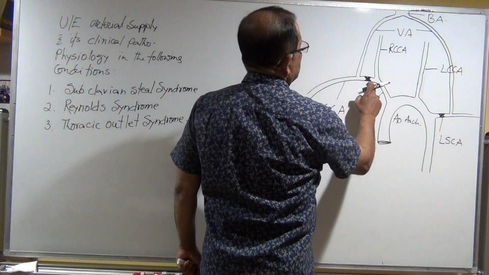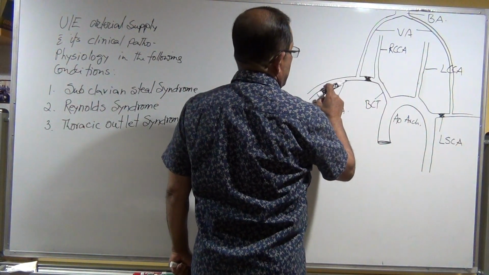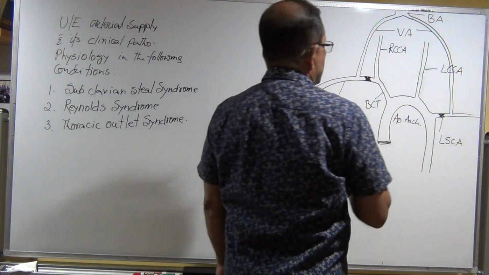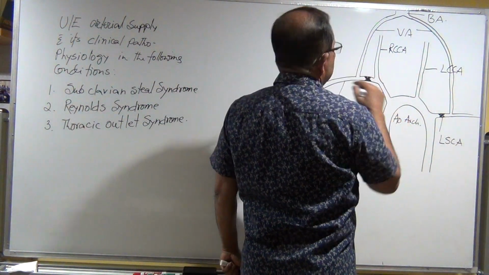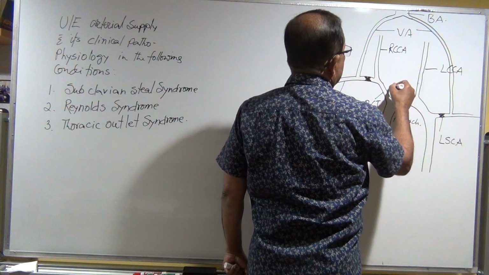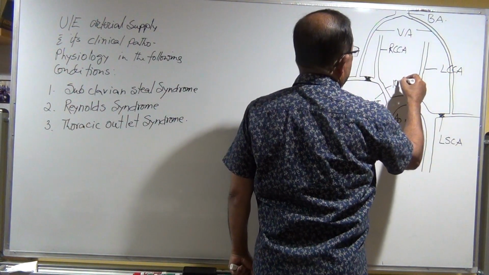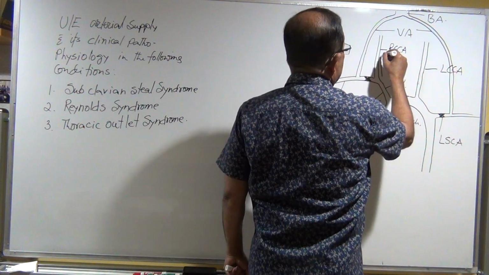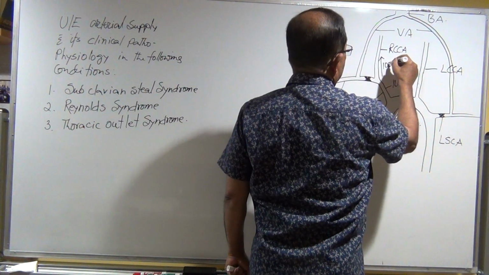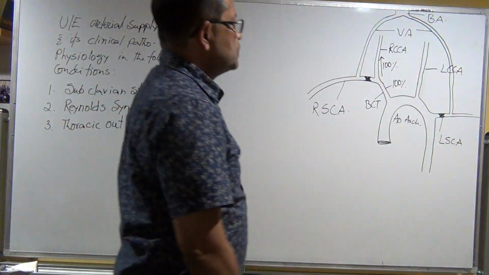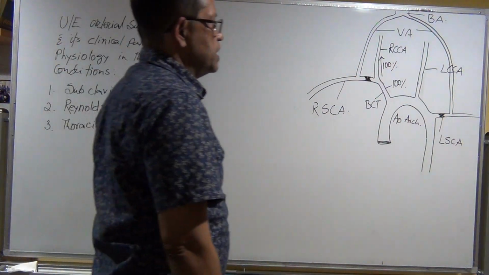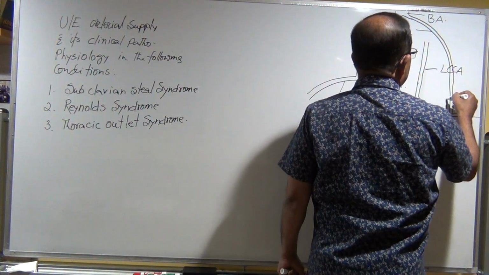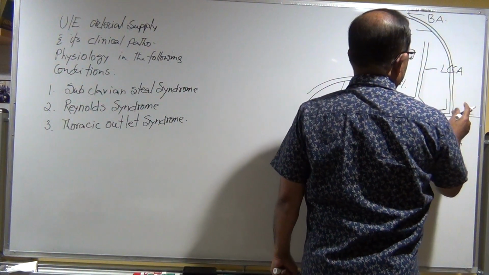If no blood is coming to the subclavian artery from the brachiocephalic trunk, then 100% of the blood from the brachiocephalic trunk is going to the right common carotid artery.